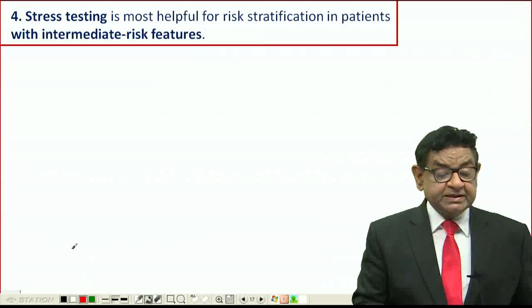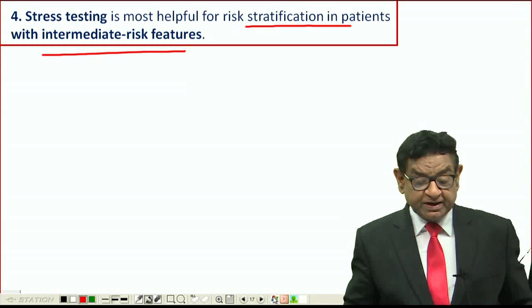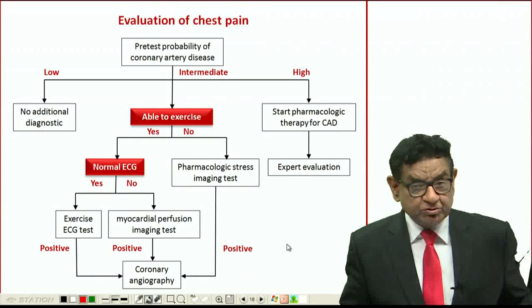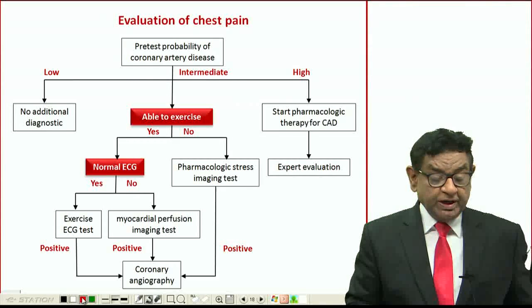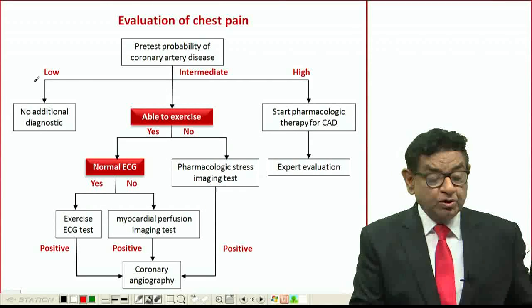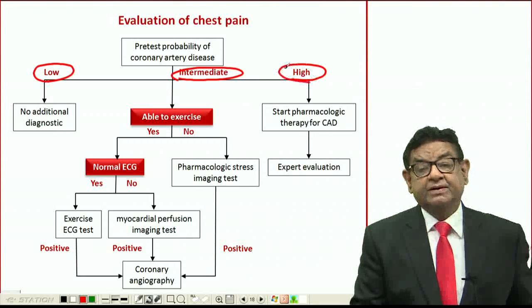And stress testing is most useful for risk stratification in patients with intermediate risk factor. What do you mean by intermediate risk factor? Let's see how to approach a case of chest pain. Well, the patient's probability of coronary artery disease: low, intermediate, or high.